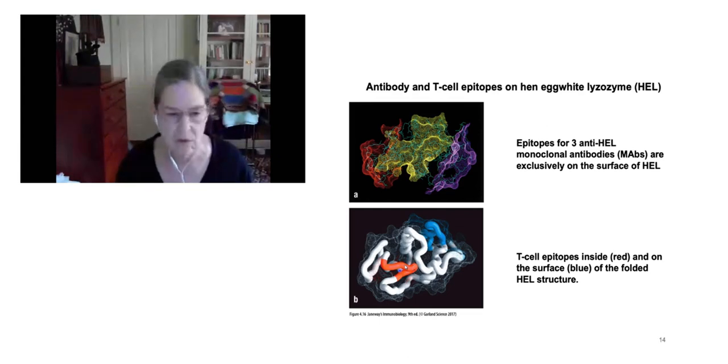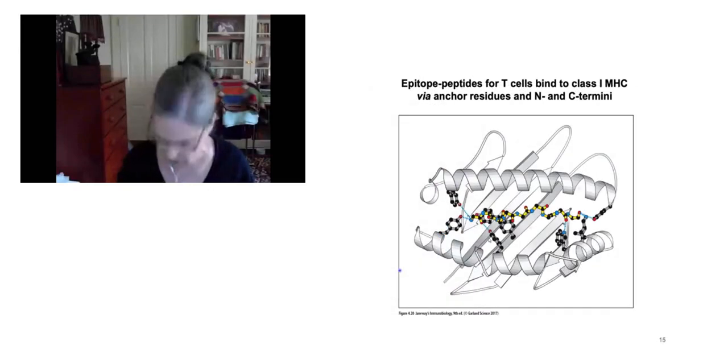Those are anchor residues. So here's a picture of an MHC molecule, and you can see sticking down here is an anchor residue. The anchor residues of the peptide are sticking down and interacting, and they also interact with the ends, the carboxy and amino termini.